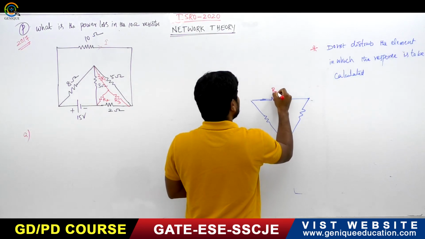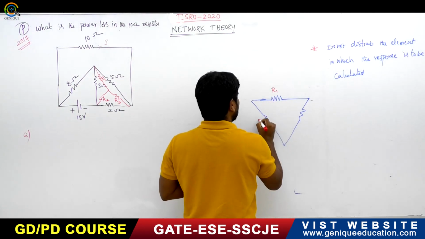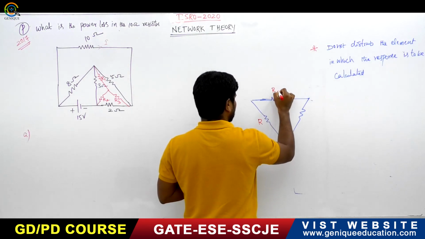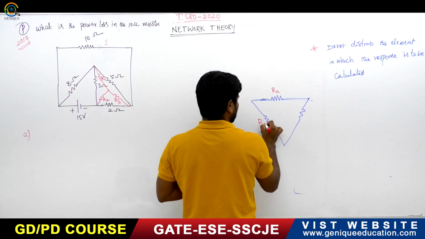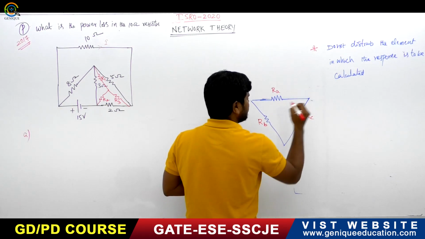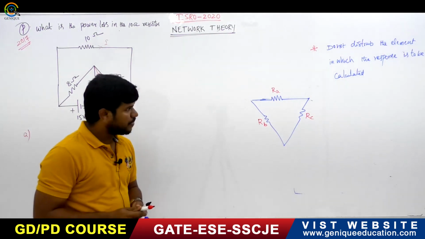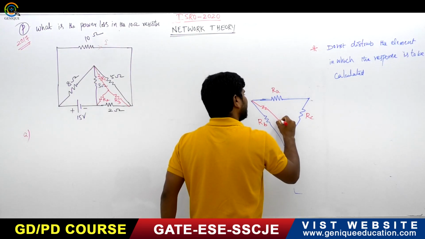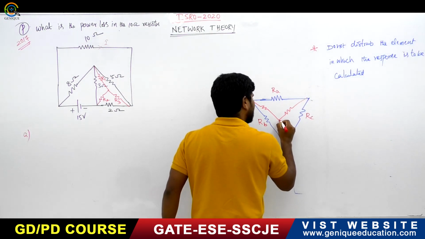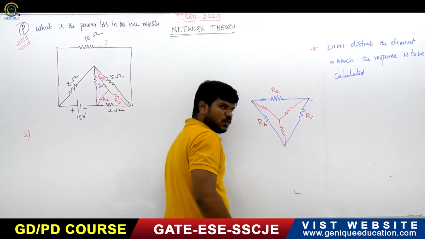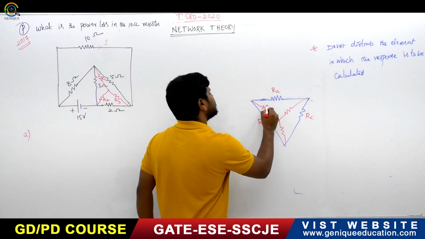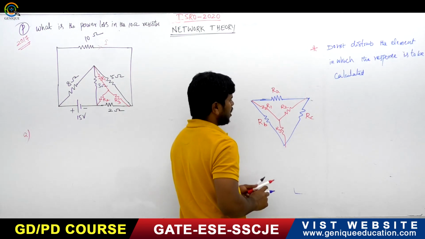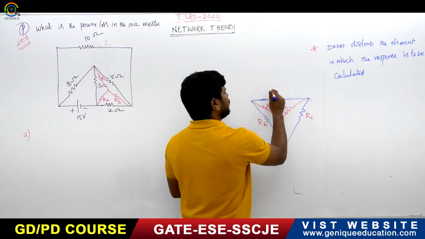Let us suppose the delta resistors are RA, RB, RC, and the star resistors are R1, R2, R3.